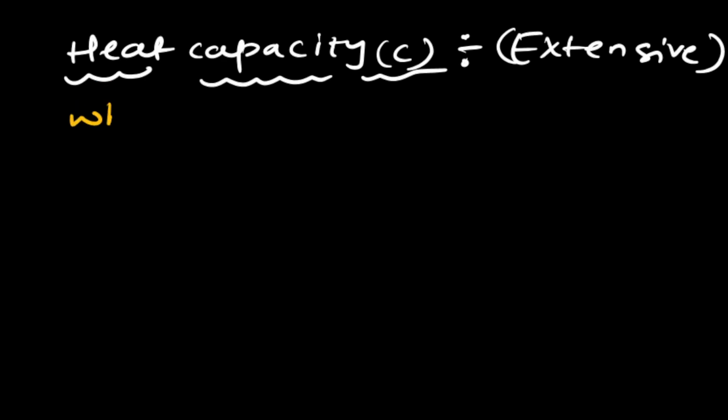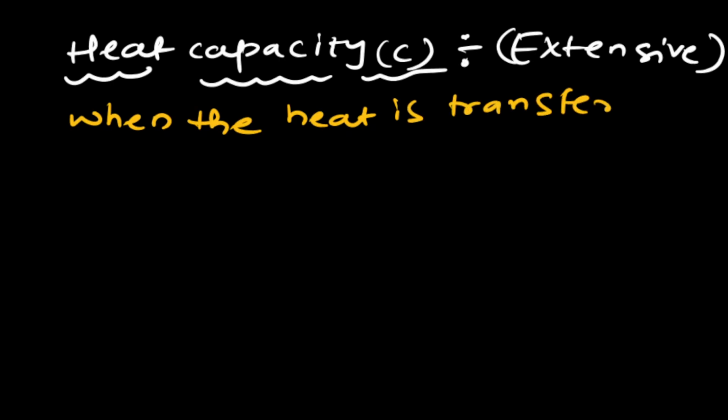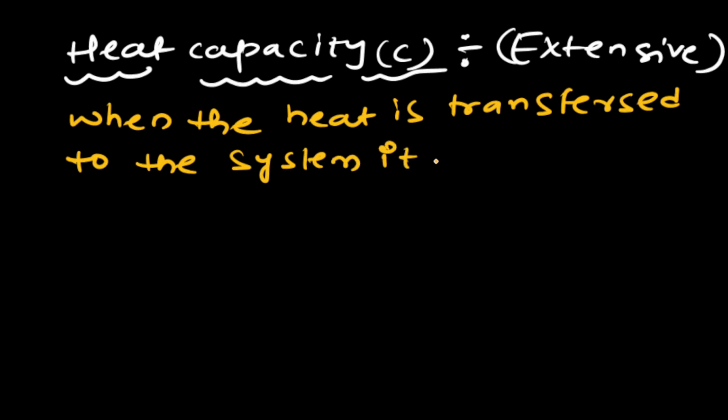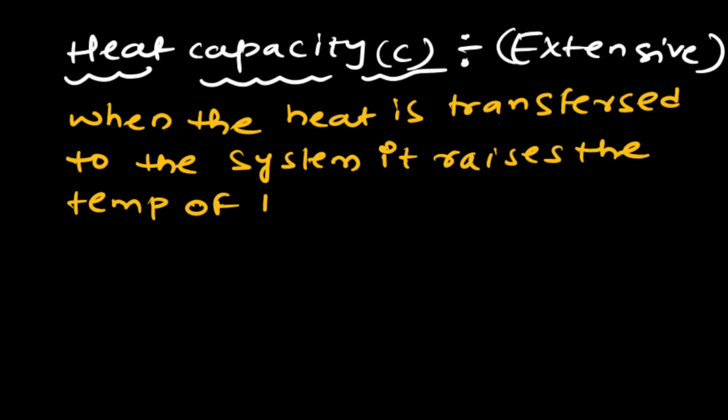Now, how does it become extensive? When heat is transferred to the system, it raises the temperature of the system.